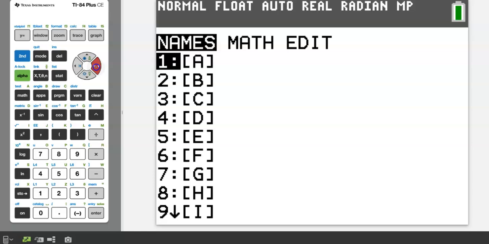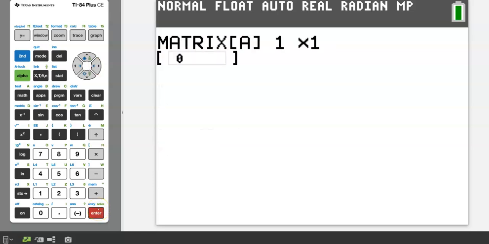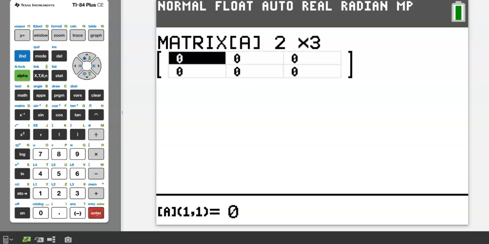So go over to edit. We'll just edit matrix A because that's the first one. What are my dimensions? 2 by 3. That's why it's important for you to know. 2, enter. 3, enter. Now you can type your entries in.